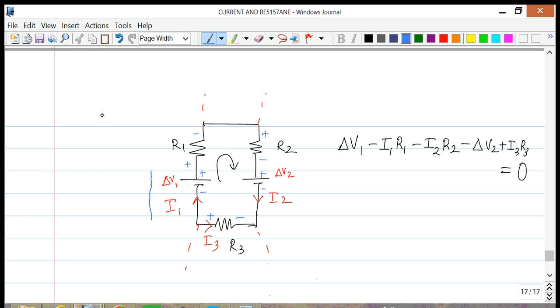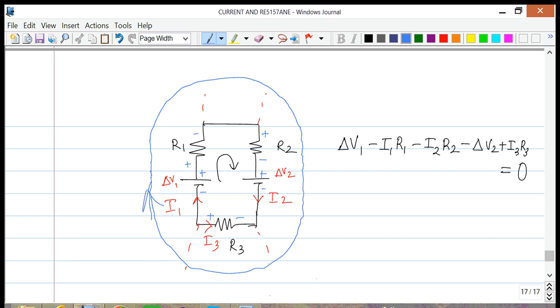So when I go from minus to plus, I'm going from low to high, I have to put a positive sign, so that's plus delta V1. For R1, I go from plus to minus, so I have to put a negative sign. When I go through R2, I go from high to low, so once again negative. For delta V2, I go high to low, again negative. And for R3, I go low to high, and hence it is positive. So this is my loop direction, and we end up getting the equation.